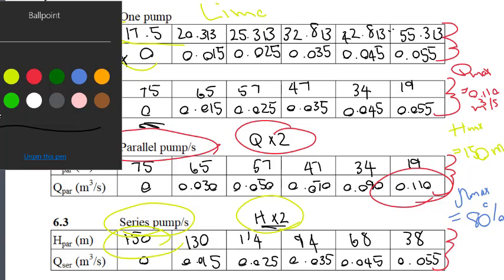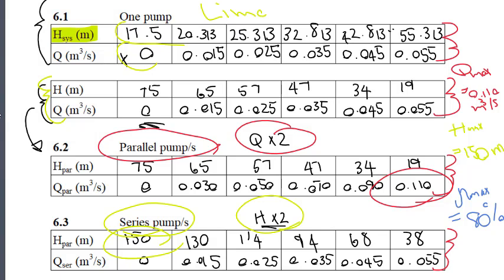So let's pick a color. Let's pick, in this case, the color orange. Okay, so let's move on and let's plot these values, 6.2 for the pumps in parallel on our graph paper. So let's go on to our graph paper.